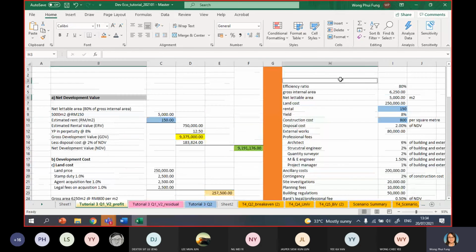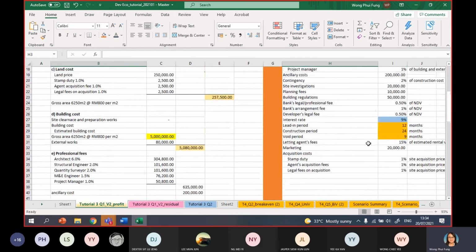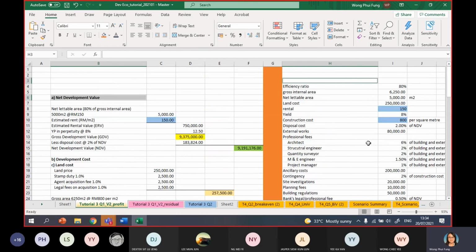The right part is where you list out all the variables, like the efficiency ratio, the gross area, land area, construction cost, everything. Left is your appraisal, right is your variable.